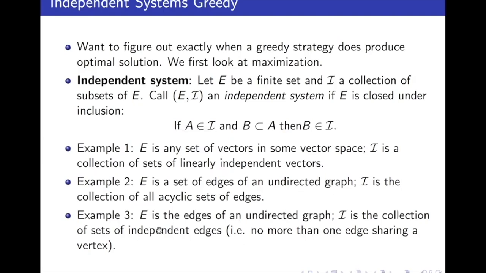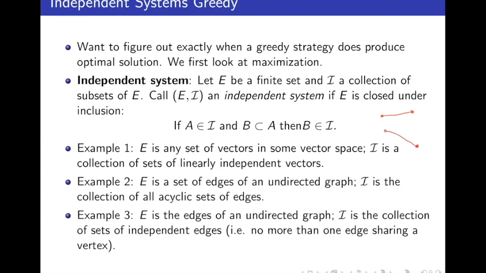The next example: let E be the set of edges of an undirected graph, same as example 2, and I the collection of sets of independent edges. Independent edges means that they don't share a vertex. For instance, this is an edge, and this is another edge, and these two edges are independent.